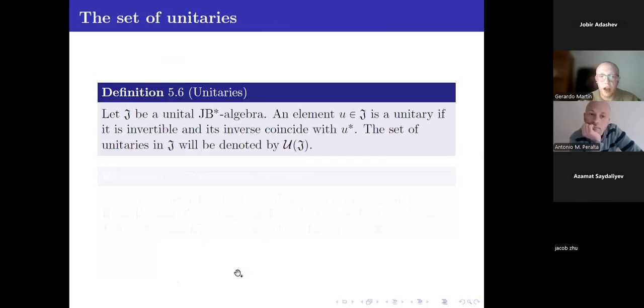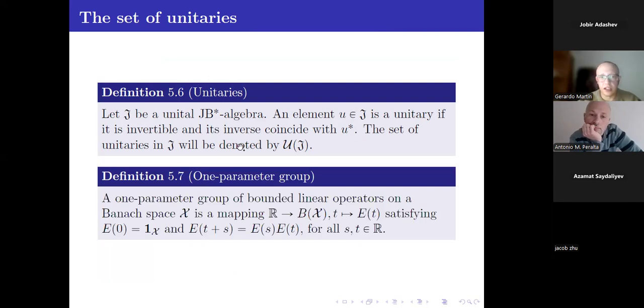So now, knowing this, this is the definition of a unitary on a GBW star algebra. An element in a Jordan algebra is a unitary in case it is invertible and its inverse coincides with the involution. And this is the definition of one-parameter groups.